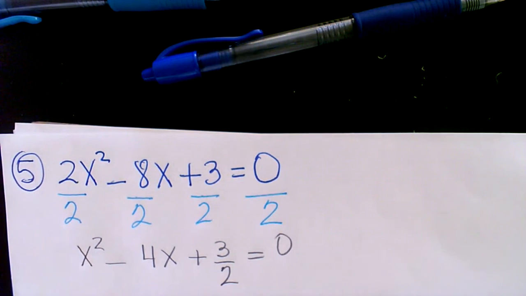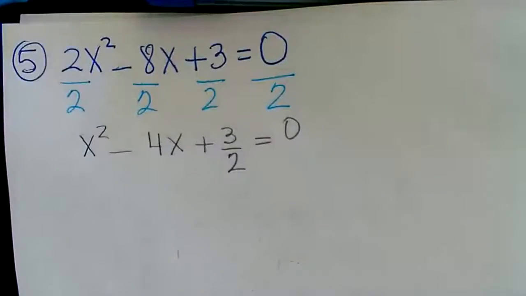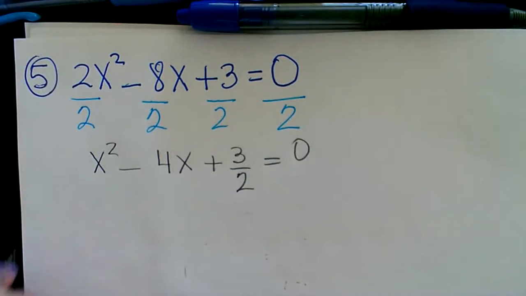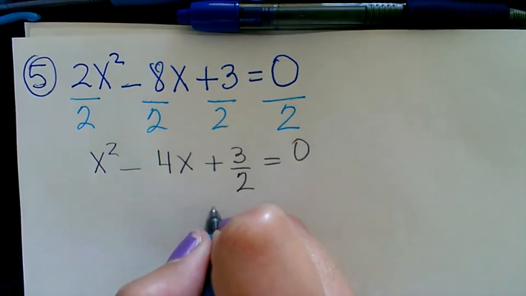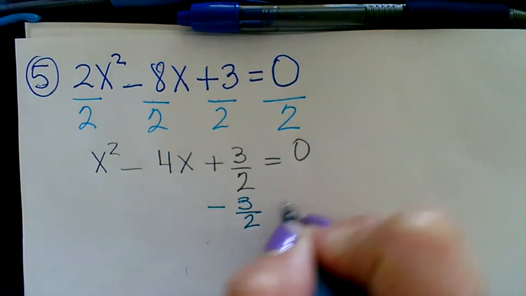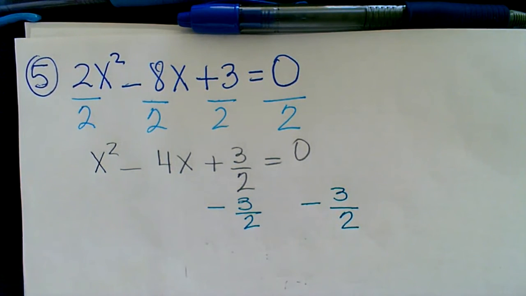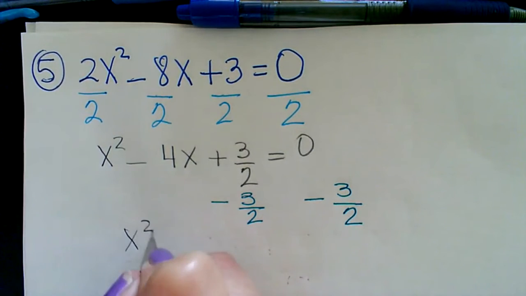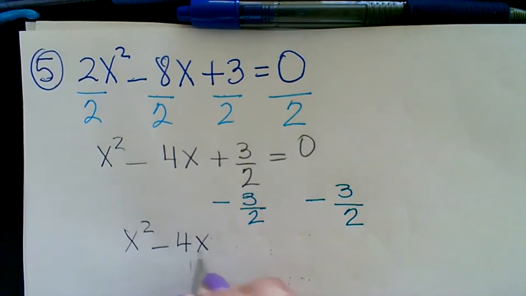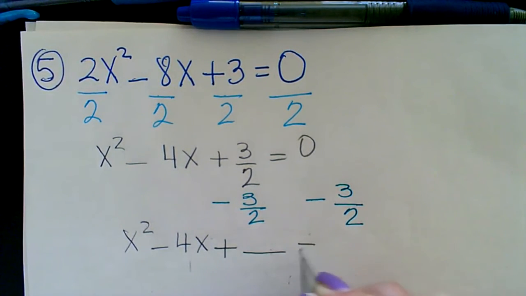Now we move the constant to the other side. Now I have x squared minus 4x equals negative 3 over 2.